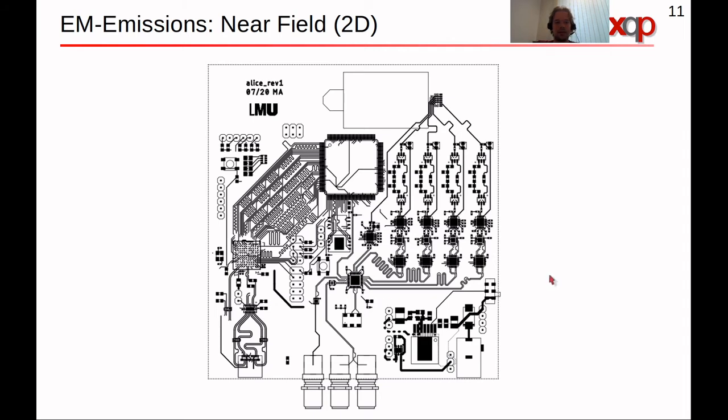So we also want to look at the near field performance of the attack in different regions of the printed circuit board. As I mentioned, we have here the FPGA, which is controlling the entire circuit, and we have here the part that produces short electrical pulses to drive laser drivers. For our measurements, we removed actually the optical component because it didn't seem to play a very big role.